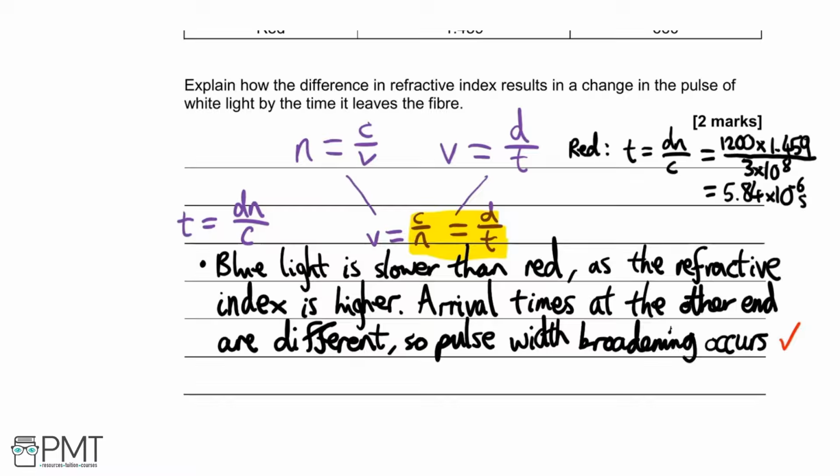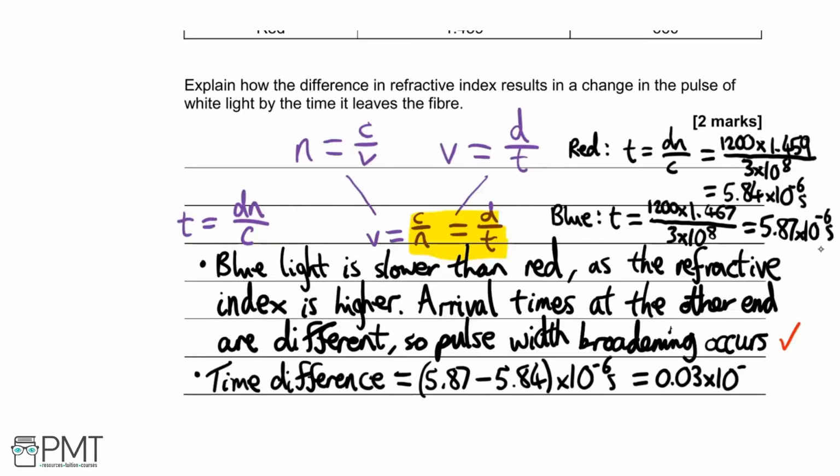You'll notice that for the distance I've used that 1,200 meters that was given in the question. And then 5.87 times 10 to the minus 6 seconds for blue. Last thing to do is to work out that time difference between those two pulses. So we end up with about 3 times 10 to the power of minus 8 seconds for the time difference, and that's where we would obtain that second mark.